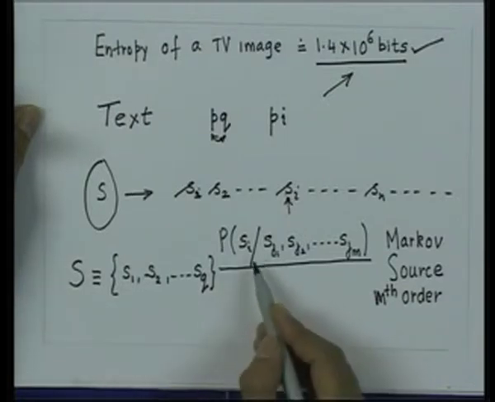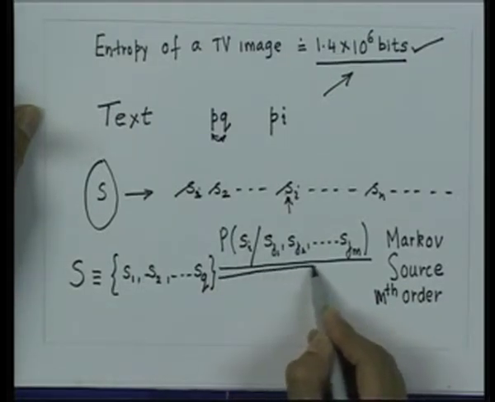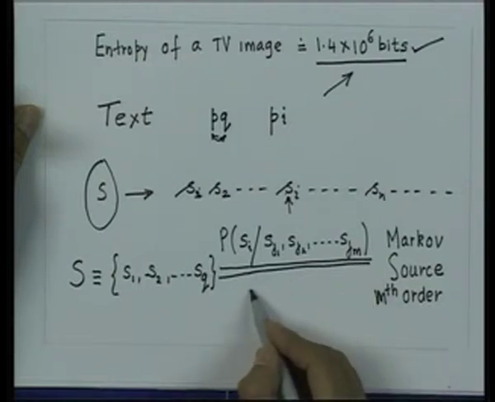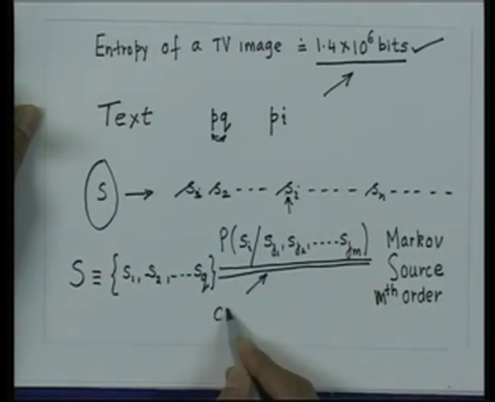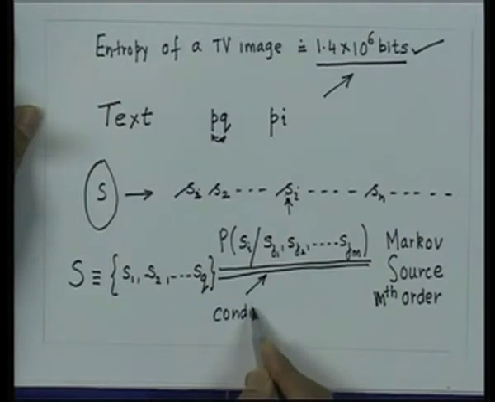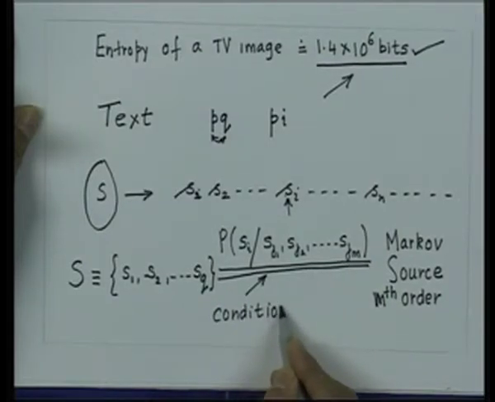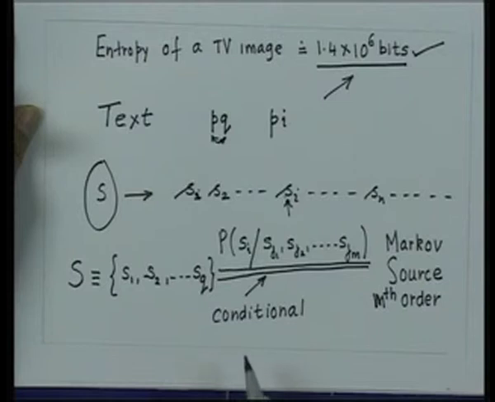What I need are conditional probabilities. So, along with the source alphabet, I should provide conditional probabilities.